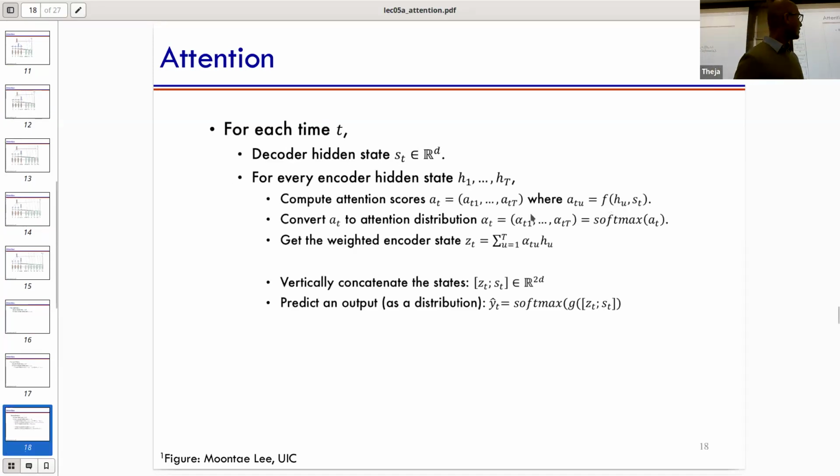Once you get attention scores, get the attention distribution, the attention weights, which is just a softmax of that vector. You get a probability mass function, and then apply a weighted average of the hidden vectors to get the weighted encoder state. And that's concatenated with the decoder hidden state, and then you can do exactly what you were doing before. So this is an extra piece of information that's coming in.